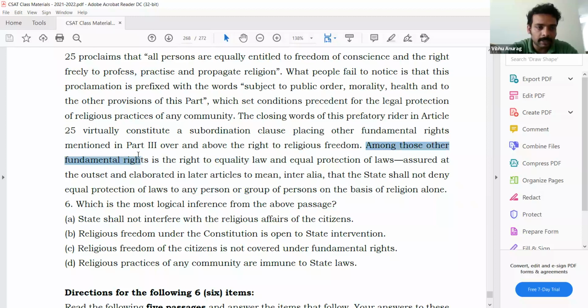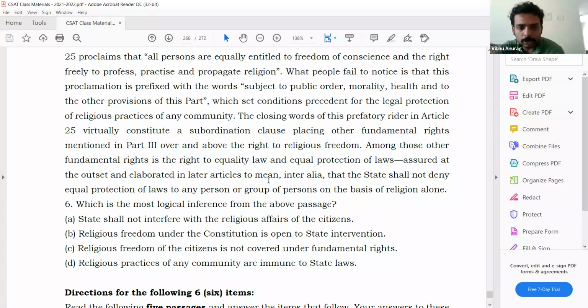Among those other fundamental rights is the right to equality before law and equal protection of laws, assured at the outset and elaborated in later articles to mean inter alia, among other things, that the state shall not deny equal protection of laws to any person or group of persons on the basis of religion alone. So religion cannot be used as a basis for discrimination.